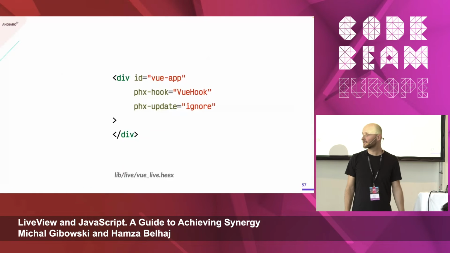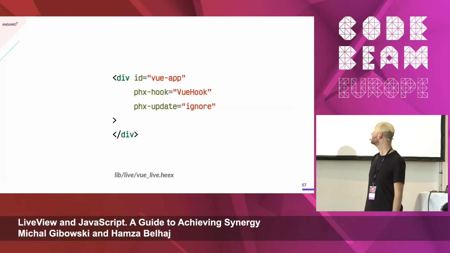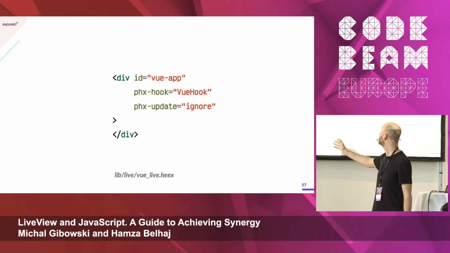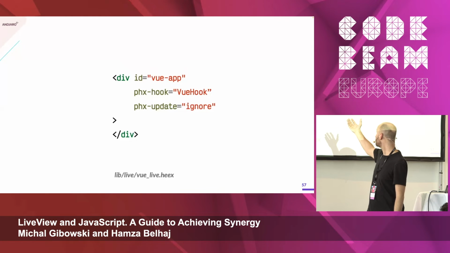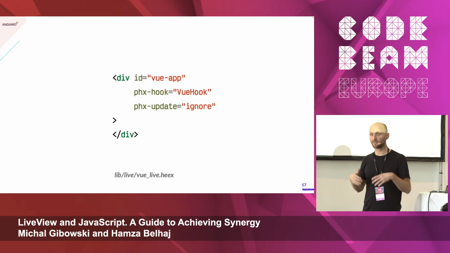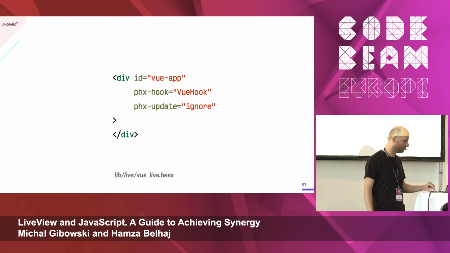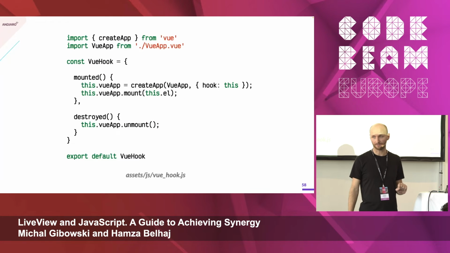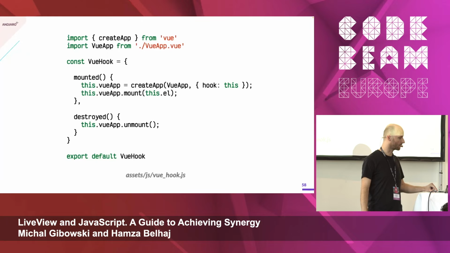First, this is a fragment of the HEEx template. This is the HTML element that will host the VueJS app. We achieve it via a hook. So we have here a Phoenix hook, and we set phx-update ignore on this part of HTML, just like we did with Flatpickr. And this is the source code of the JavaScript hook.